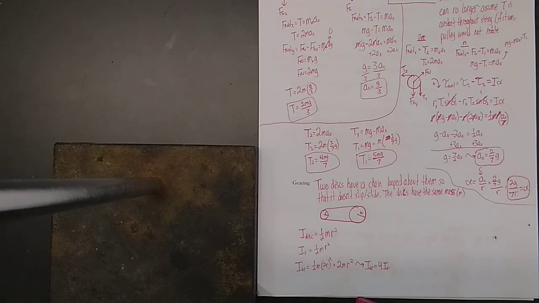both linear and angular speeds of the disk's rotation relate to each other at the outer edges. Okay? If this chain or belt or whatever you want to call it has to stay on the disks, then what that means is we said that it doesn't slip or slide. So that means that every point on the belt, there's no shifting.